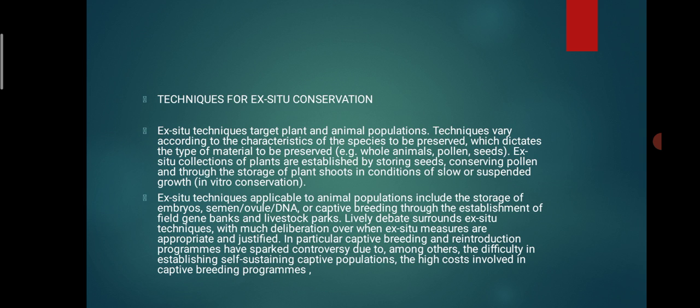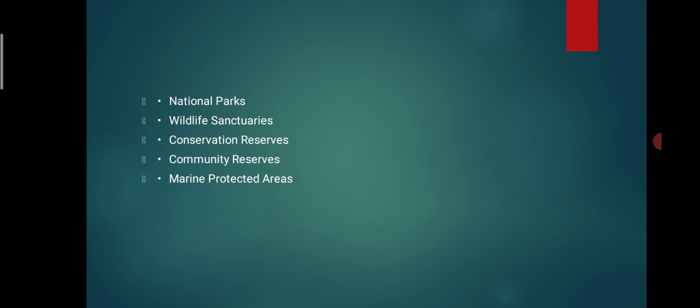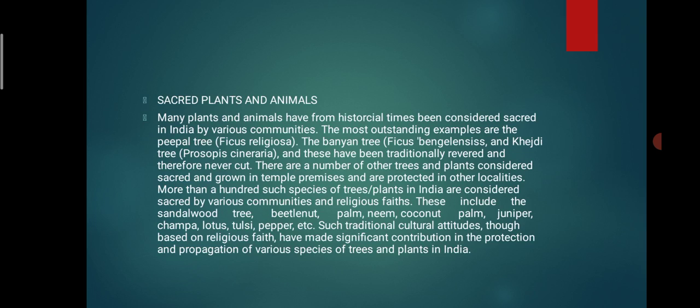For plants, ex situ collection involves storing seeds, conserving pollen grains and tissue culture. Techniques applicable to animal populations include storage of embryos, semen, DNA, and captive breeding, through any establishment we use to conserve, such as national parks, wildlife sanctuaries, conservation reserves, community reserves, and marine protected areas.